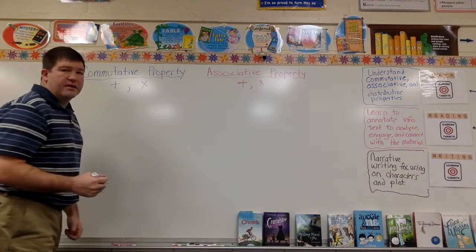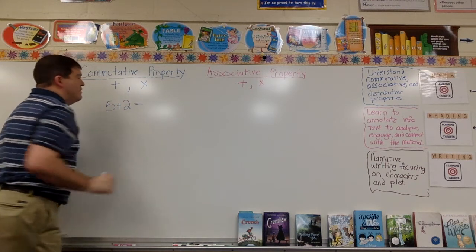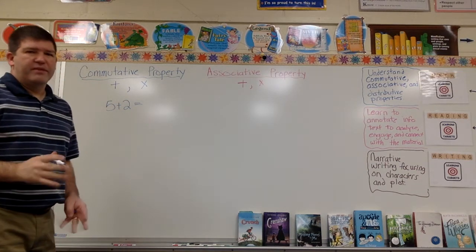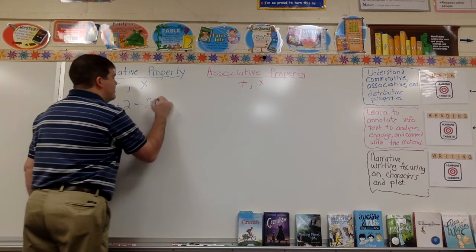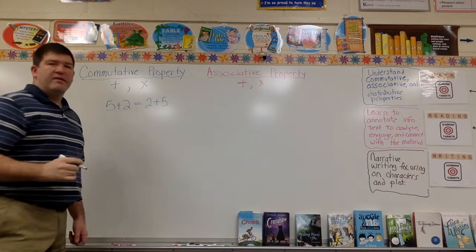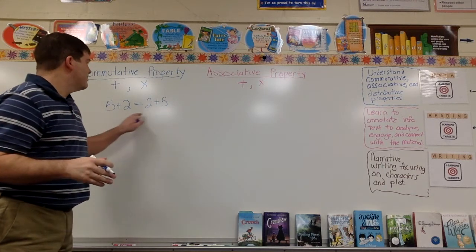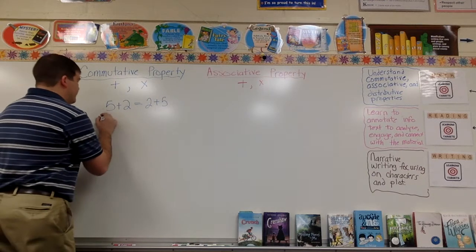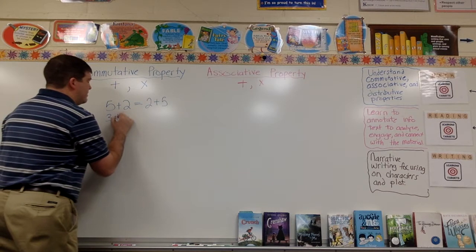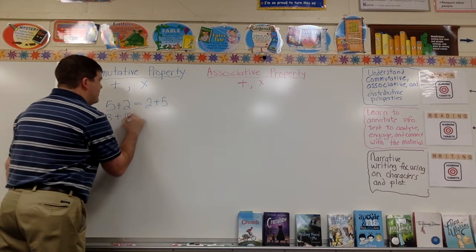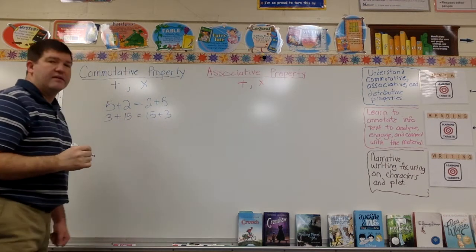So let's just review what commutative is about. Like with addition, it means that 5 plus 2 equals 7, but it's the same as 2 plus 5. Doesn't matter which order you do it in, 5 plus 2 or 2 plus 5. Just like 3 plus 15 is the same as 15 plus 3.